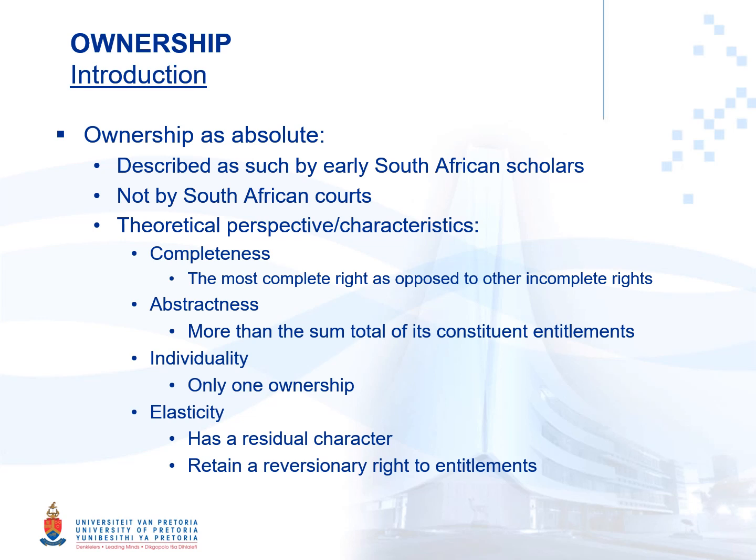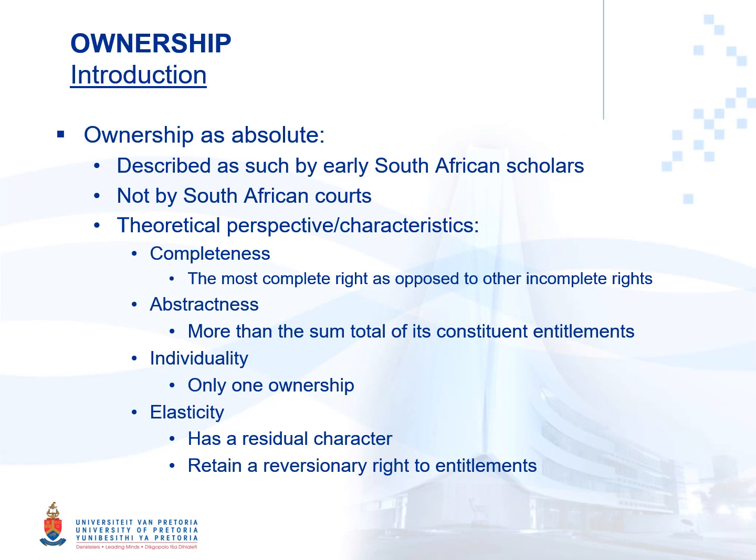Okay, now from the above-mentioned academic conception of ownership and the theoretical characteristics, it is clear that even at common law, the concept and the content of ownership can by no means be described as absolute.